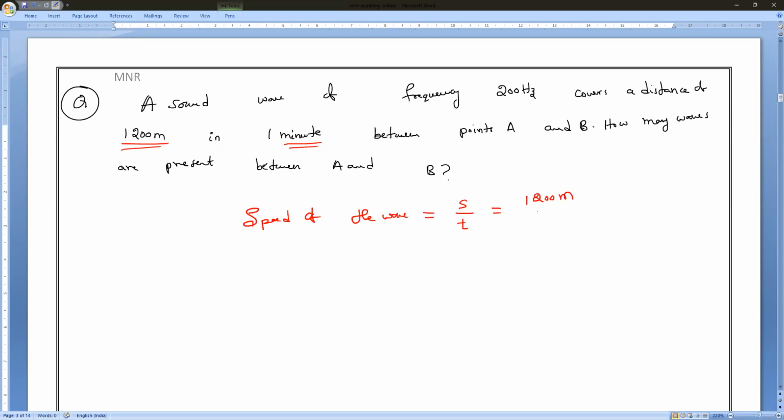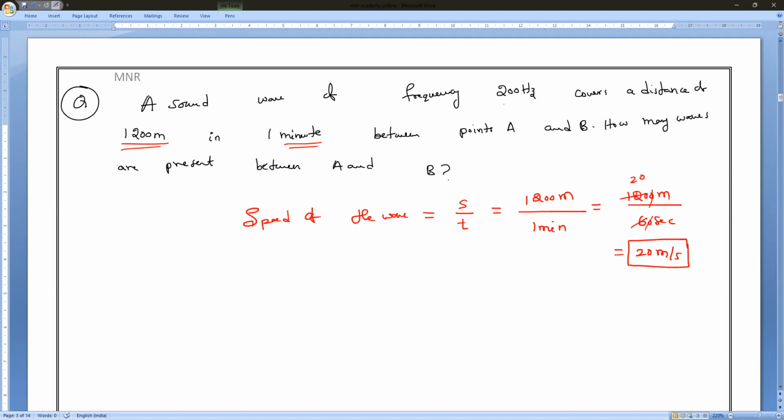Distance is 1200 meters, time is given 1 minute. But distance is in meters, so we have to take time in seconds. 1 minute is 60 seconds. So 1200 divided by 60, 6 twos are 12, so 20. So the speed of the wave is 20 meter per second.